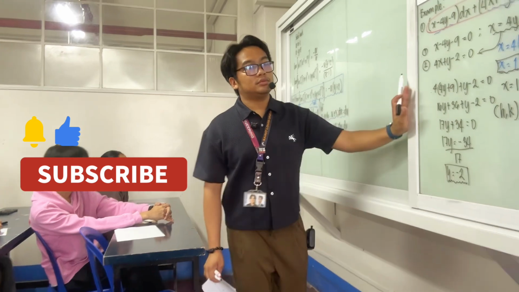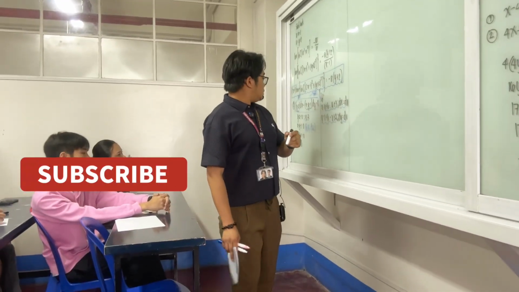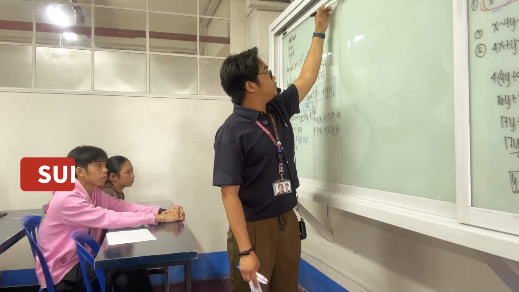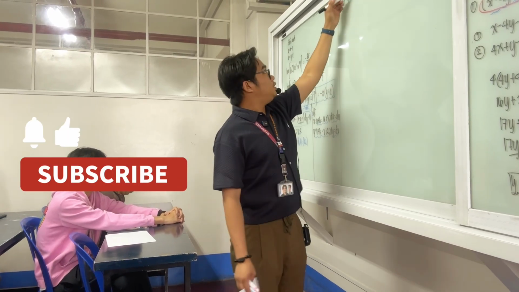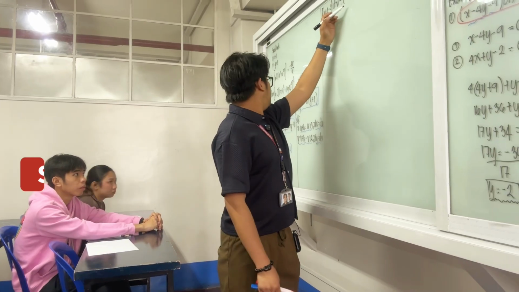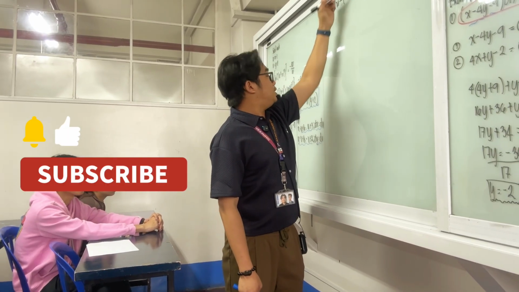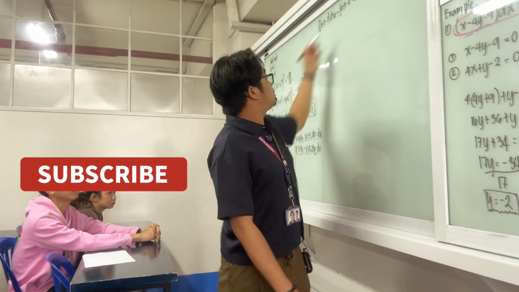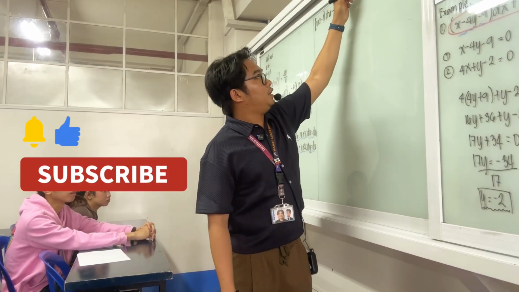By substituting, that would be (v + 2 - 2) du plus -(x - y), that would be (u + 3 - v - 2). Distribute ko na yung negative sign. Then, minus 1, dv equal to 0.